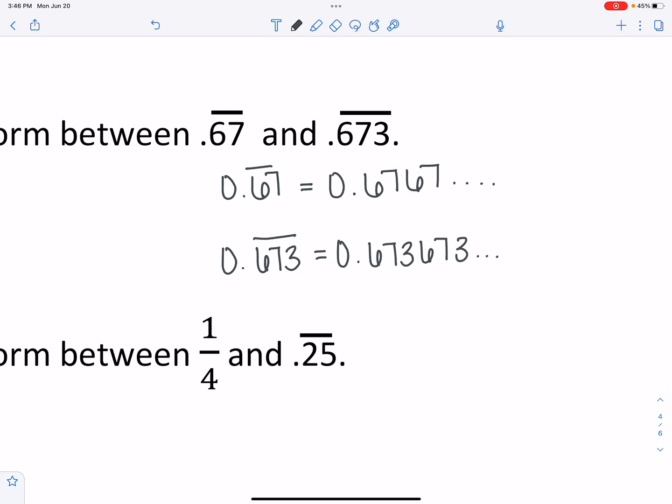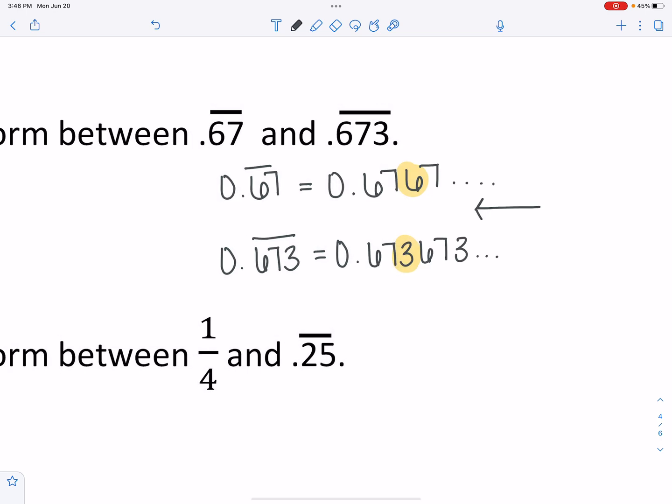Now, just like when we were ordering numbers, let's go to where the first digit is that they're different. Well, that third digit. I just need to list any numbers in between, in this case, 6 and 3.